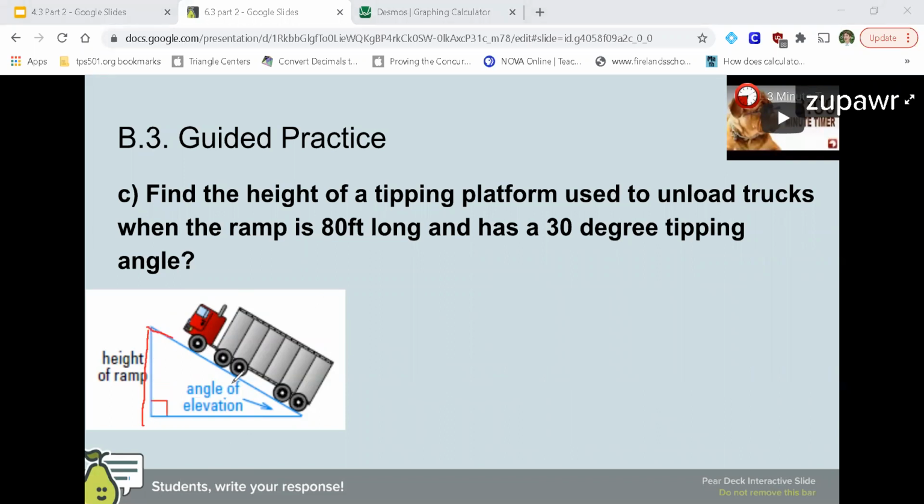So I'm going to tell you that this part right here, the length of the ramp, is 80. This is 30 degrees. And you need to tell me what is the height of the ramp, we'll call H. So what is H? Again, label your triangle. Use your formulas.